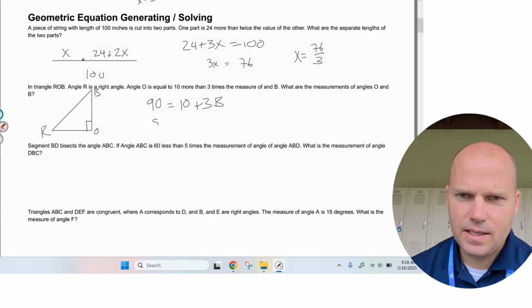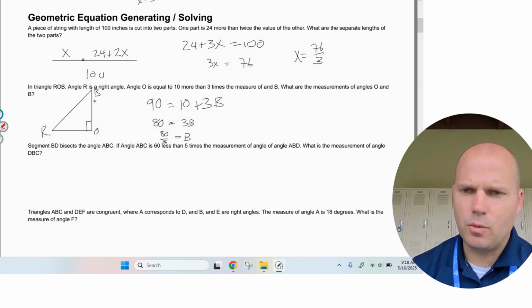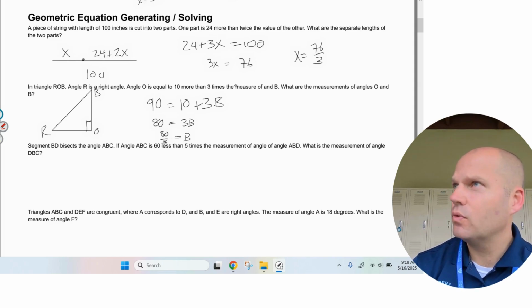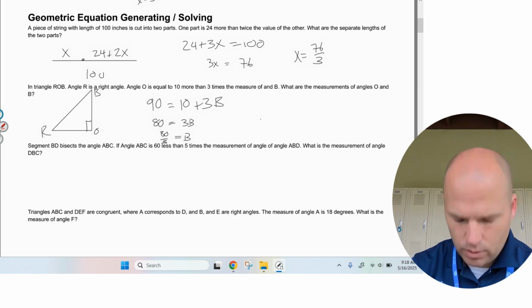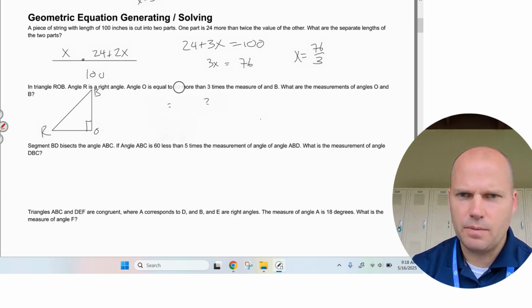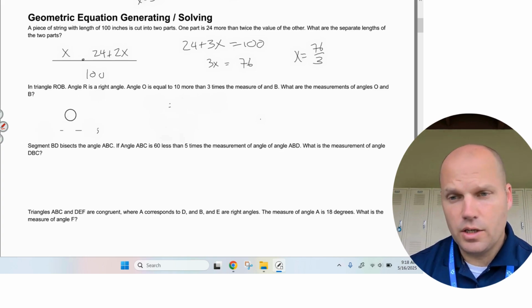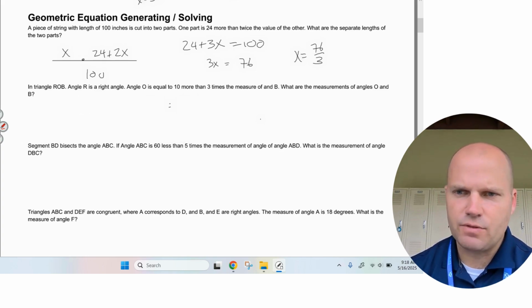So we get this equation for angle B is 80/3. And what is angle R? Oh, I'm really screwing this up. Sorry. So as an example of, don't rush, read carefully.